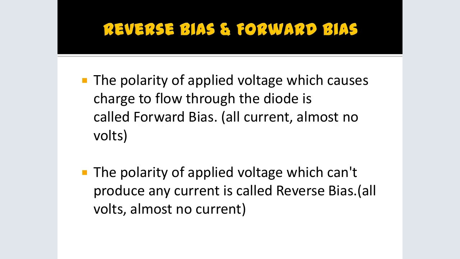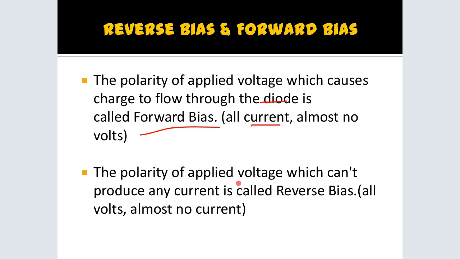Basically that. Therefore, we'll have no current flowing. If you do forward, the current will flow through. So the polarity of the applied voltage causes the charge to flow through the diode. And in that process, we have current. So that's the proper connection.